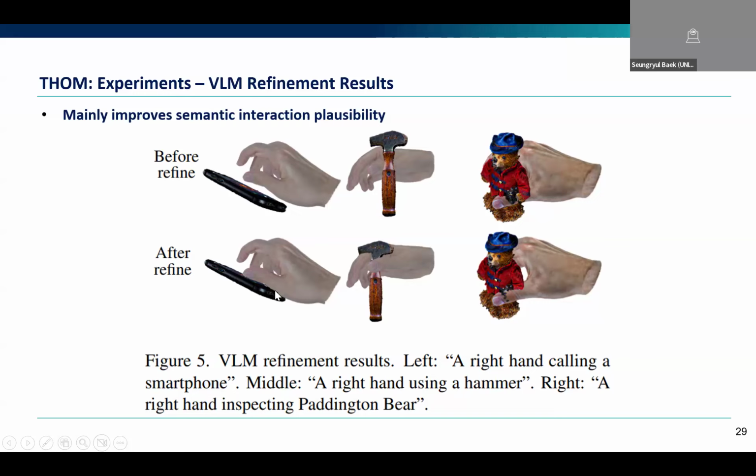So among like 125 candidates, it selects the best sample, which turns out to be semantically plausible and aligned with the input prompt.